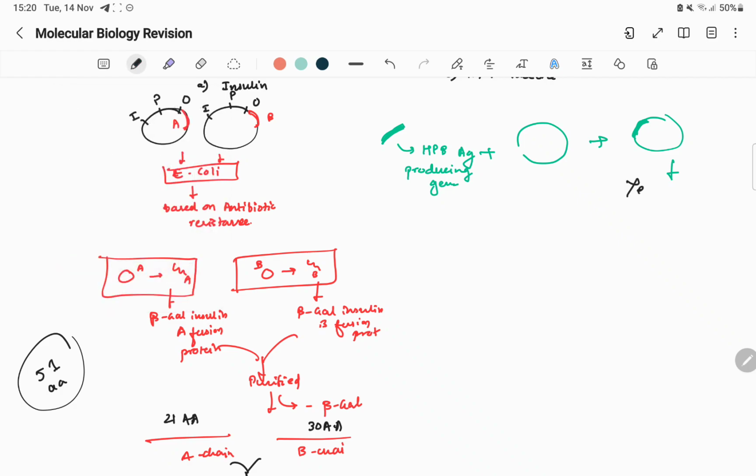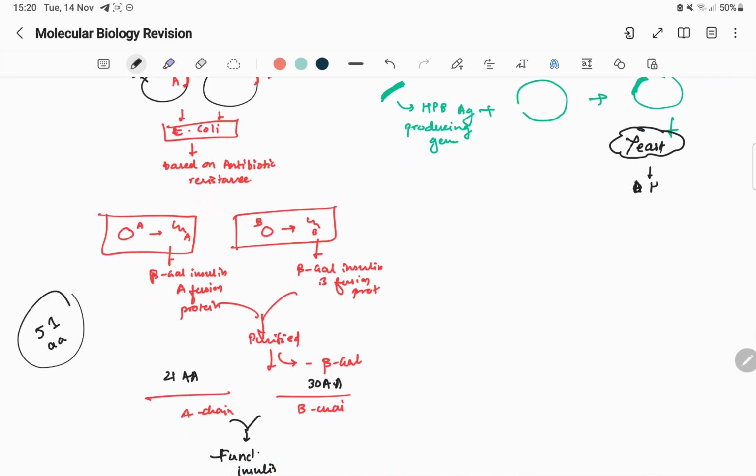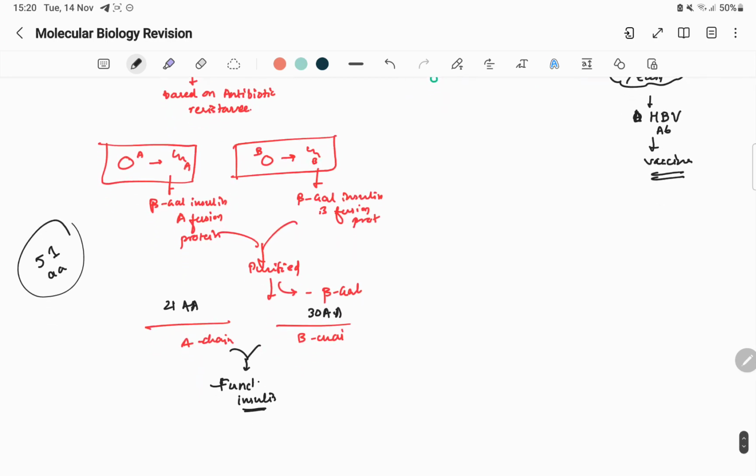It is usually introduced into yeast for the hepatitis B vaccine. The yeast will produce the hepatitis B antigen, which will be used in the vaccine. Understood?